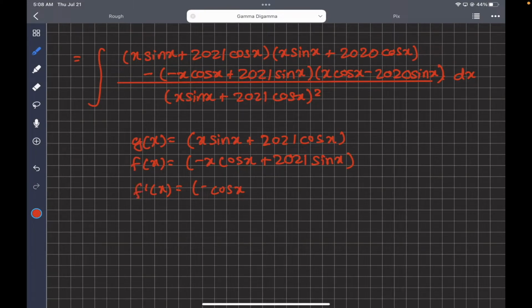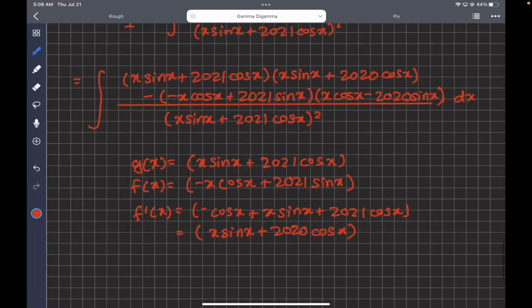So if I say f prime, I'm going to have minus cosine x plus x sine x plus 2021 cosine x, which basically becomes x sine x plus 2020 cosine x, which is exactly the factor that was alongside the f of x in the first term.